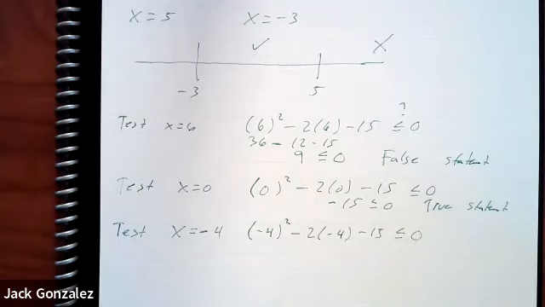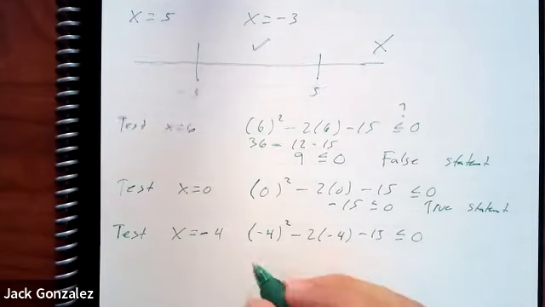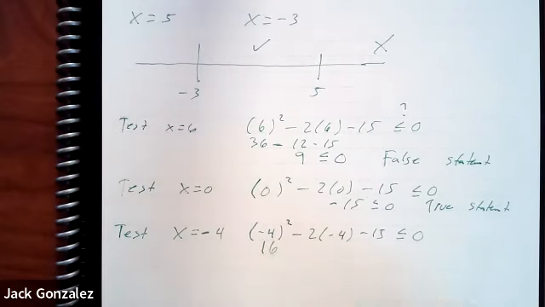Okay, -4 squared, what is that? 16. -2 times -4, would that be positive or negative?